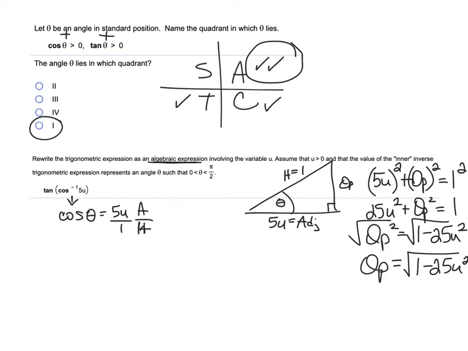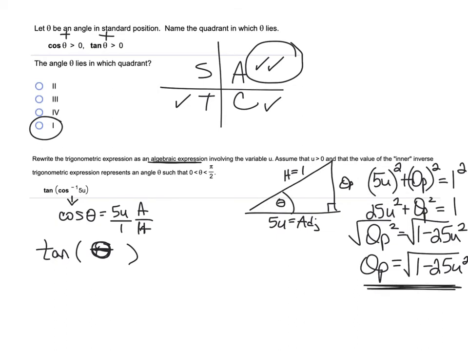Okay, so let's finish it off. My original problem says the tangent, and then inside the parentheses, that was represented by theta. Now we rewrote the value for cosine, right? It's 5u over 1, and we found the opposite side by using the Pythagorean theorem right over here.